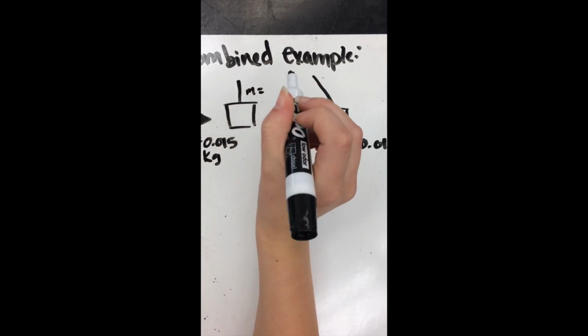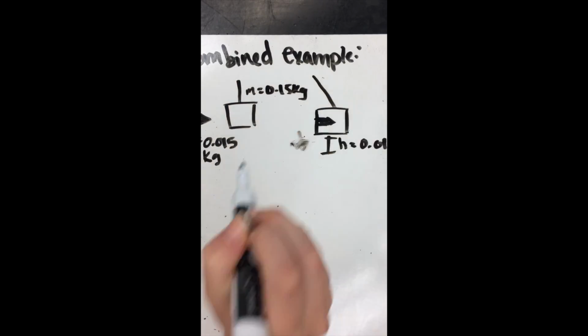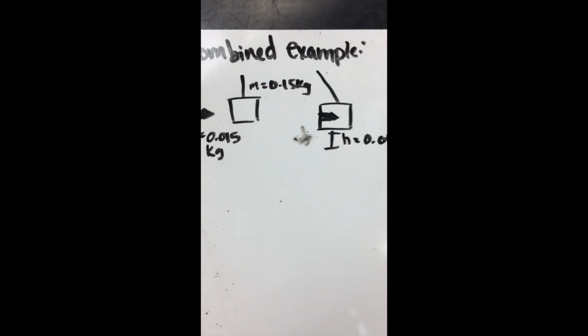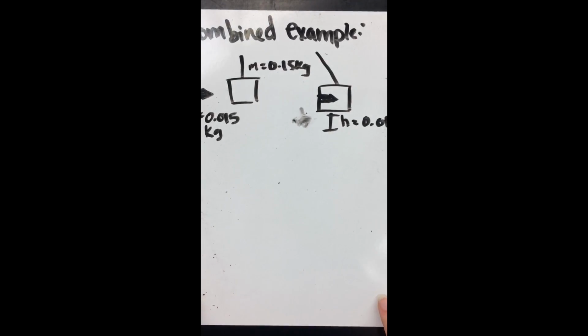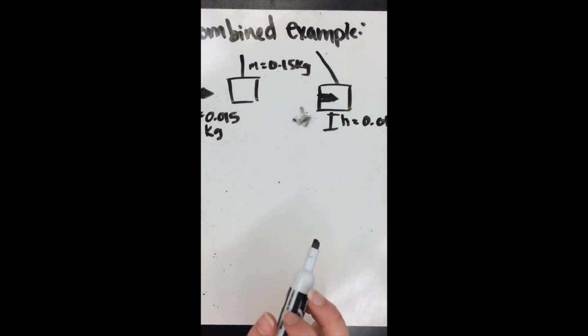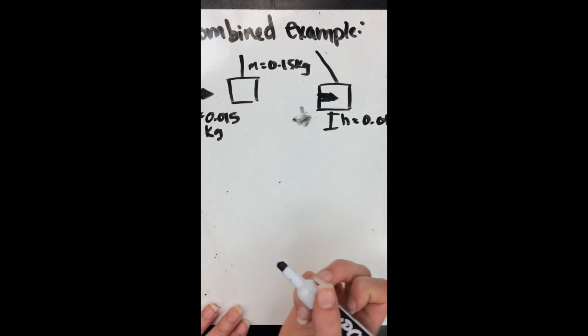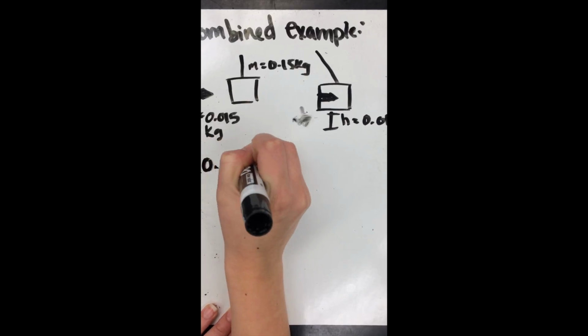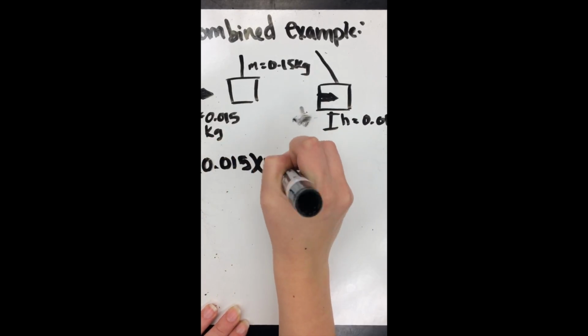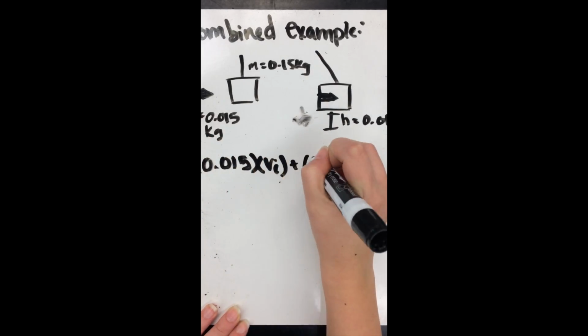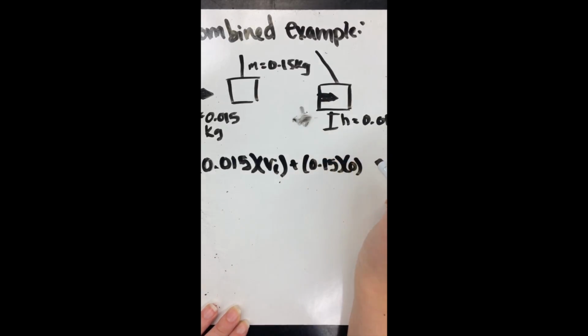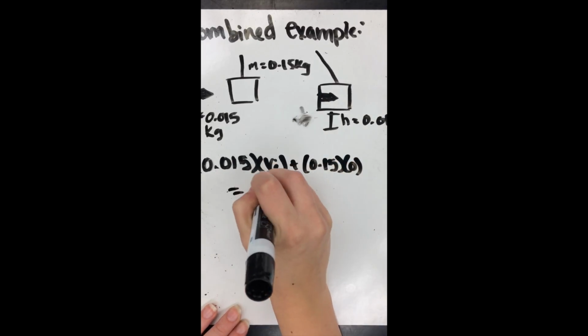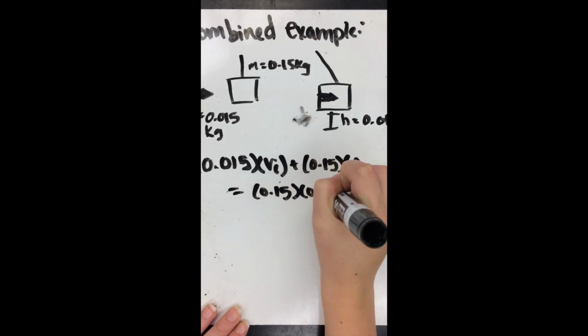A bullet with a mass of 0.015 kilograms is shot into a cork pendulum with a mass of 0.15 kilograms. The pendulum is then displaced 0.01 meters. First, we must find variable Vf, or the final velocity of the bullet and the pendulum, using the conservation of energy. But first, let's write out the conservation of momentum equation so we know which variables to solve for.